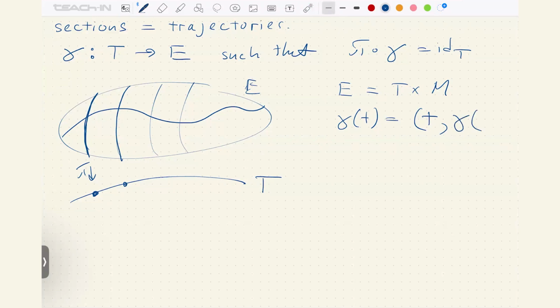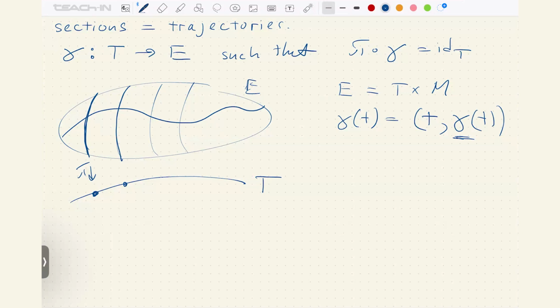Here I abuse notation a little bit, where this gamma is in the old sense. So in our trivial case, a section of the bundle is just another way to say a map from the timeline to our fiber M, because it's the same gamma. But in general, this language is preferable.